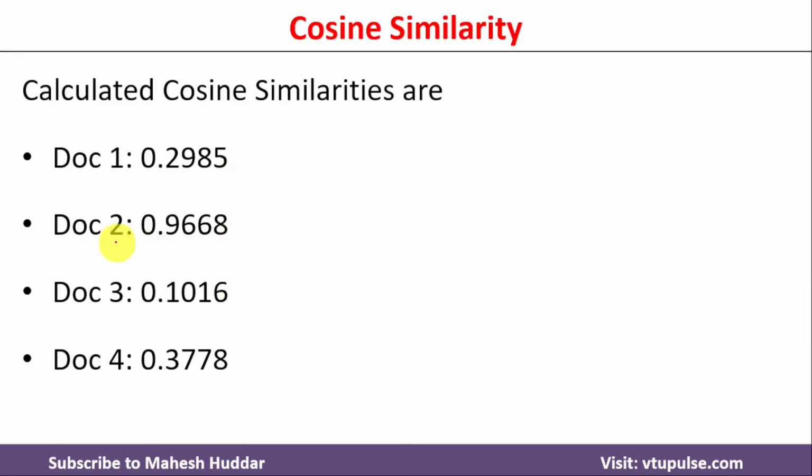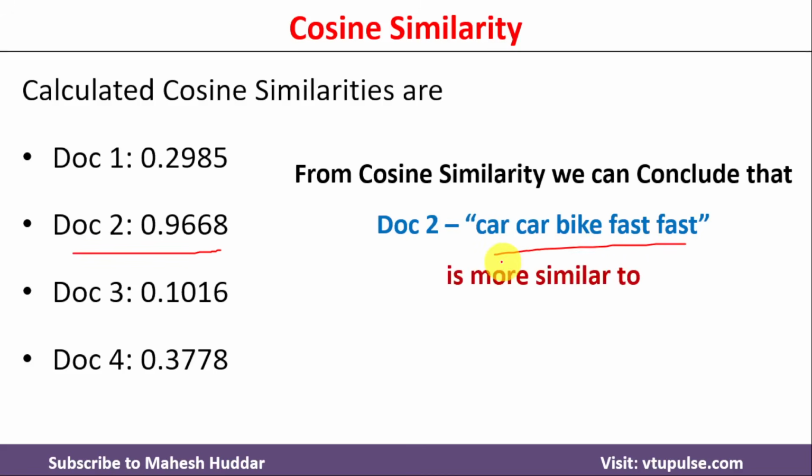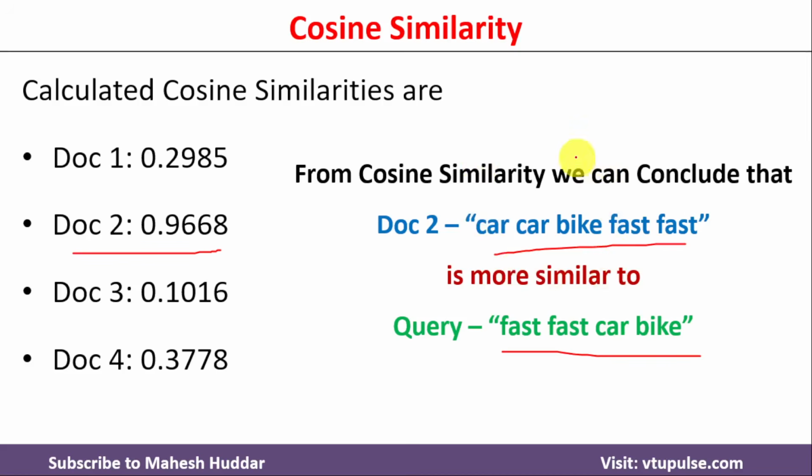Document 2 has the value 0.9668, which is the largest among all the documents' cosine similarity values. So we can conclude that document 2, that is car, bike, fast, is more similar to the query fast, car, bike. This is how we can calculate the TF-IDF values and find the cosine similarity.